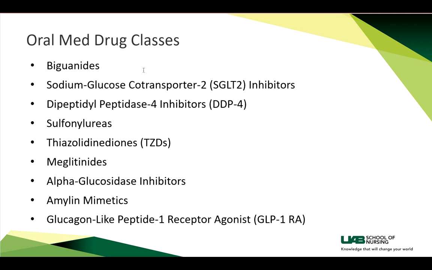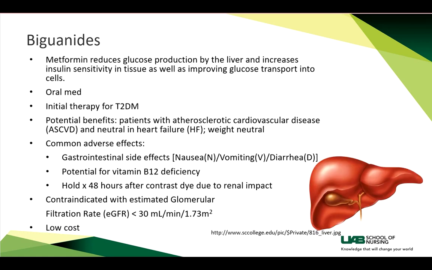We'll talk about dipeptidyl peptidase 4 inhibitors or DPP4. We will talk about sulfonylureas as well as the thiazolidinediones or TZDs. We'll talk about the alpha glucosidase inhibitors, the amylin mimetics, and the glucagon-like peptide 1 receptor agonists or GLP-1 RAs. Let's start with the Glynides.